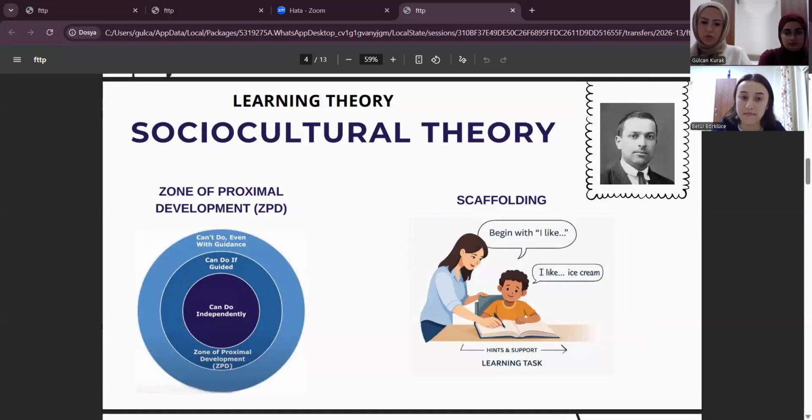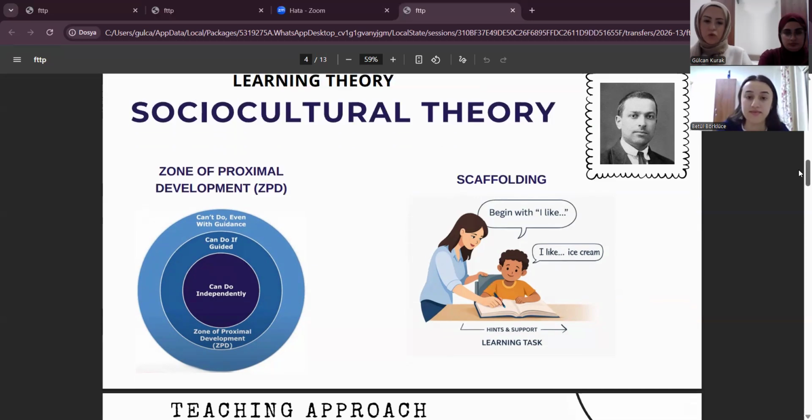In other words, we learn through interaction with others, with a teacher or peers. One of the key terms is zone of proximal development, or ZPD. It refers to what a learner can do with support, but not yet alone.